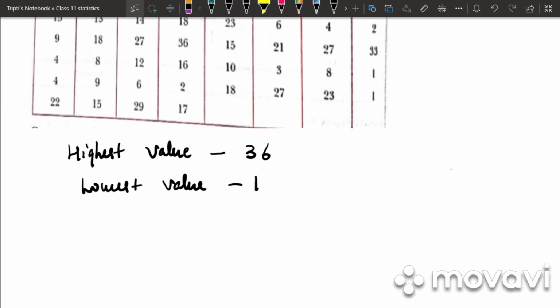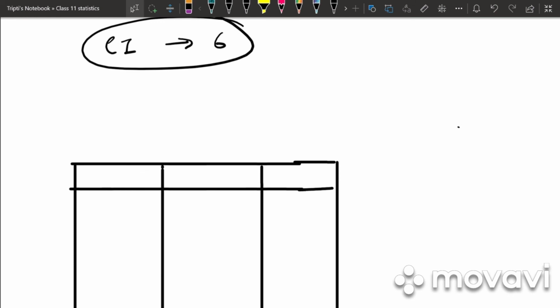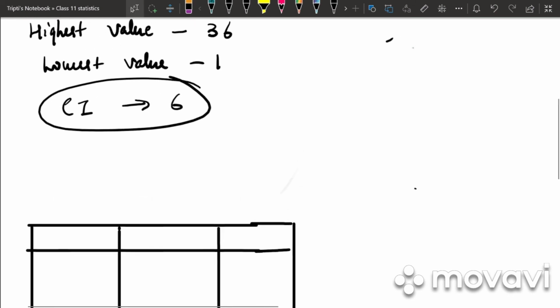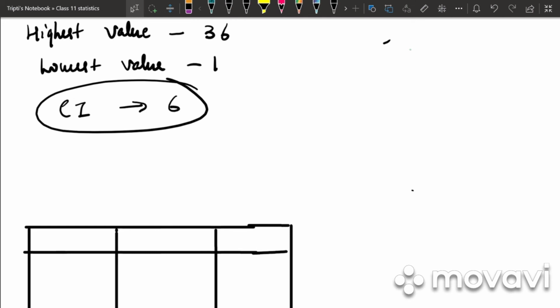So we will start our class interval from 0 to 6. Why 0 to 6? Because they have told us that there should be only 6 class intervals. So we need to calculate how much width should be there in one class interval. So the width of each class interval is 7.